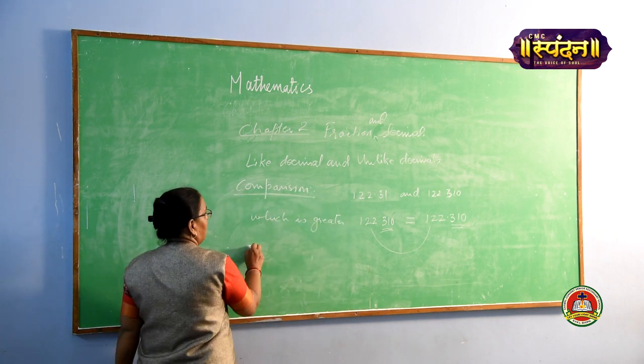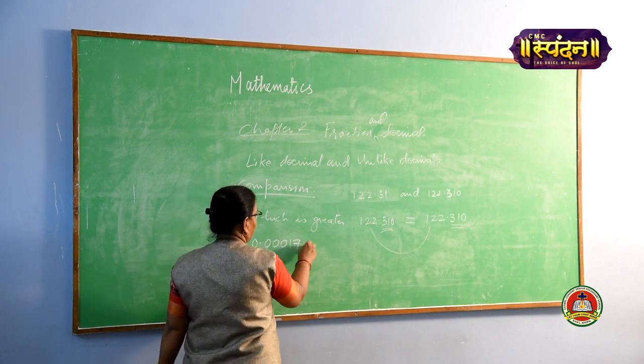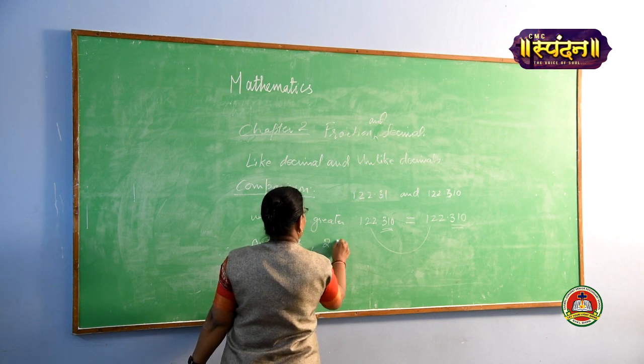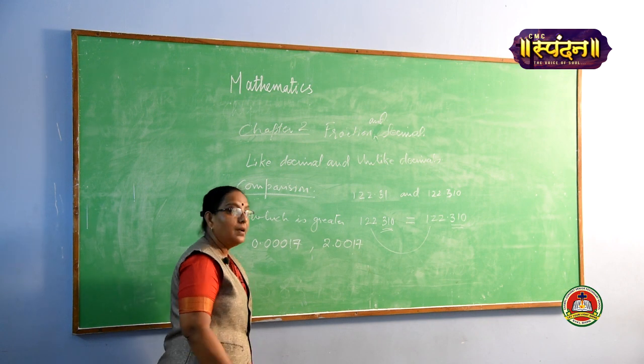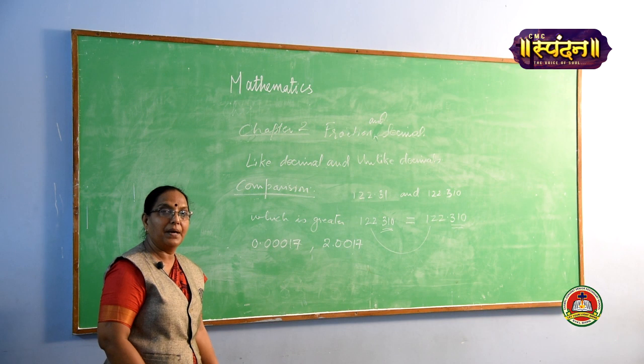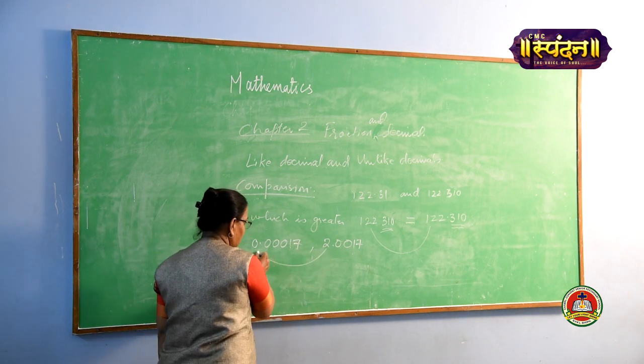Suppose the question is compare, or which is greater. I am going to write like this, 0.00017 and here 2.0017. Clear? Now tell me, out of these two, what are we going to do when we compare? We have to go through the whole number part. Whole number part means this one.